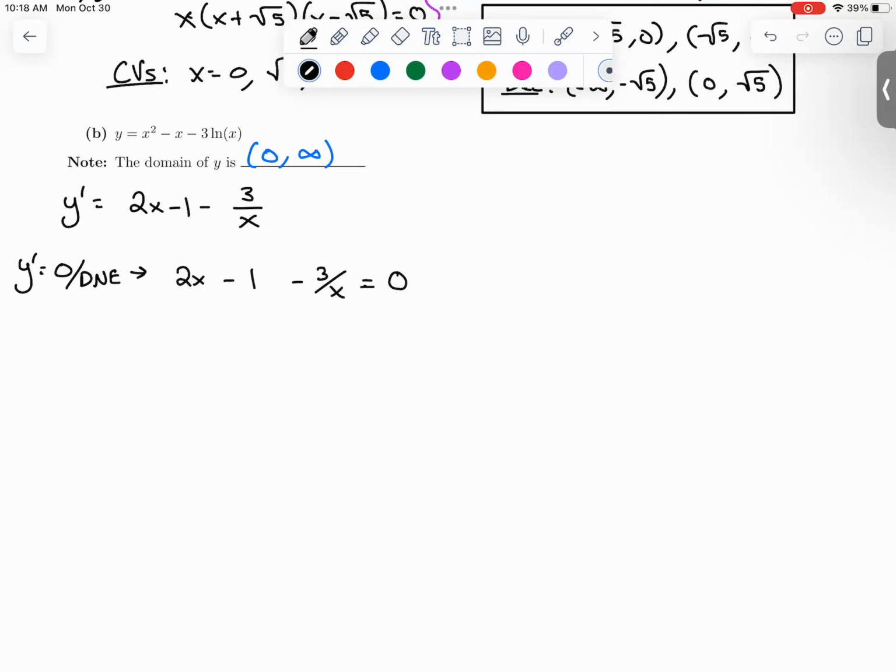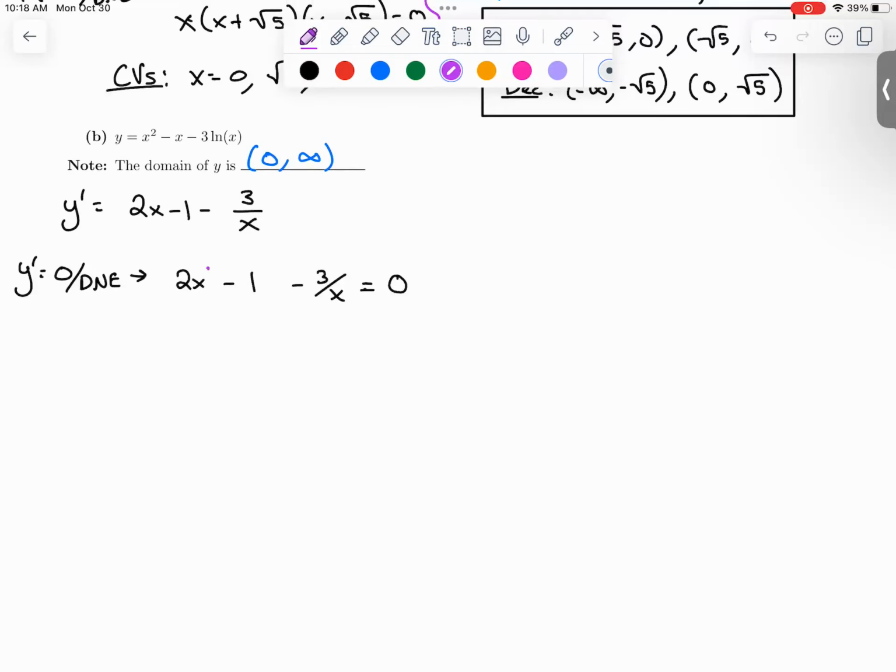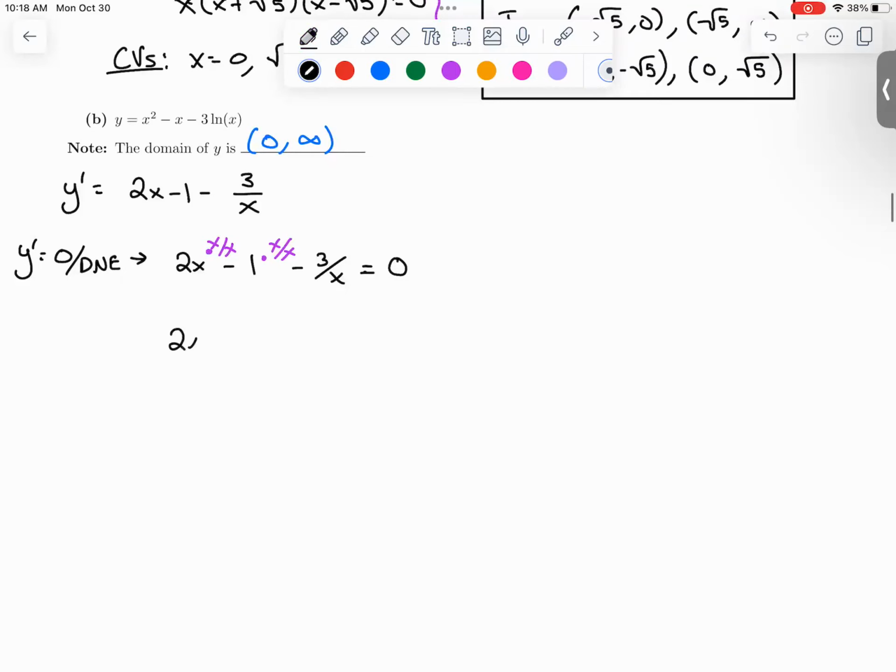And as Chase suggested in the previous one, we want to find a common denominator. So we'll multiply everything by x over x. Well, the first two pieces, that is. And we get 2x squared minus x minus 3, all divided by x is equal to 0.